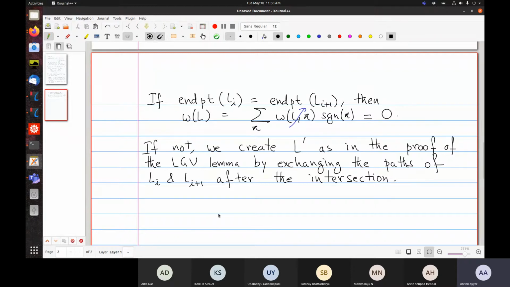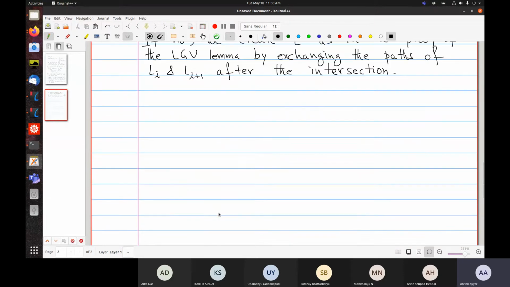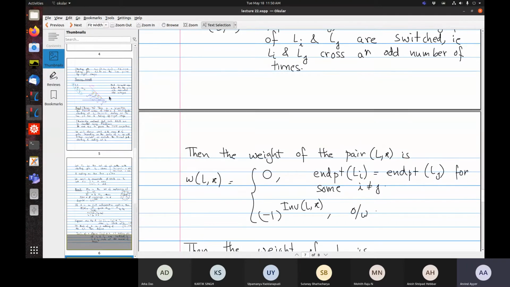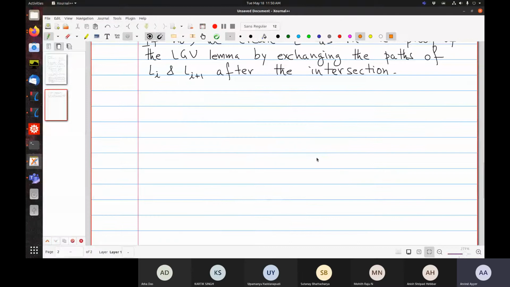And so what are we doing? Let me use another color, the same color as over here. Okay, so here is i, here is i plus 1.